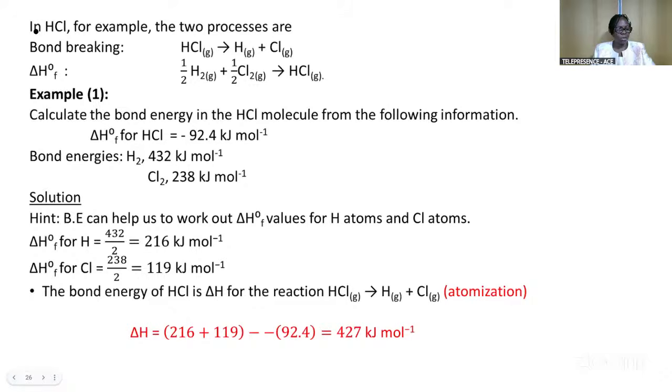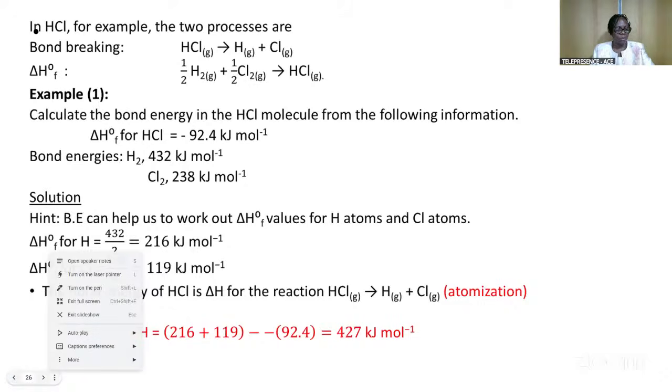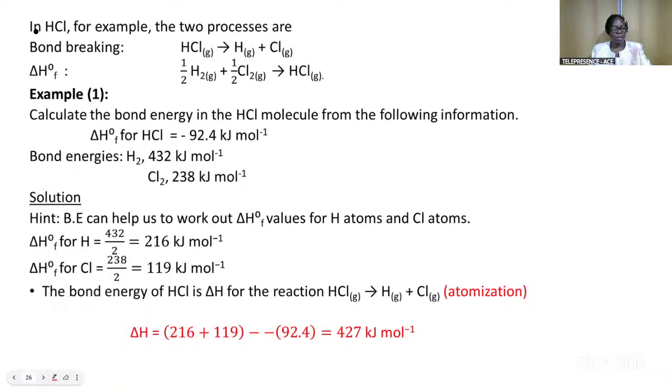So for us to continue, you will remember that I took you through this question. Back to this question, which was the last one I solved for you yesterday.